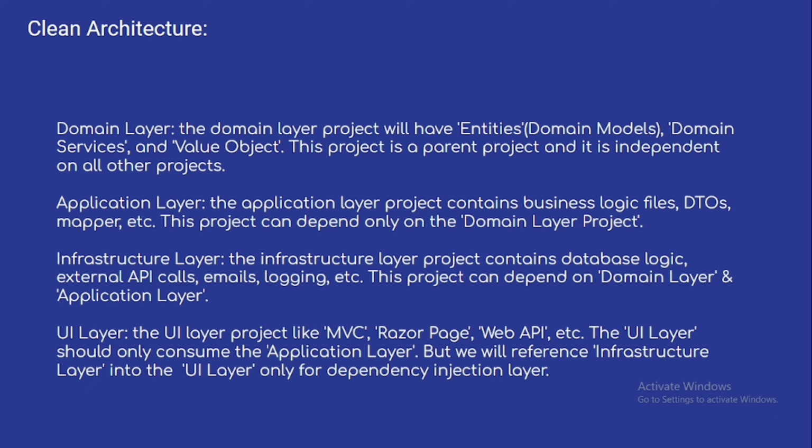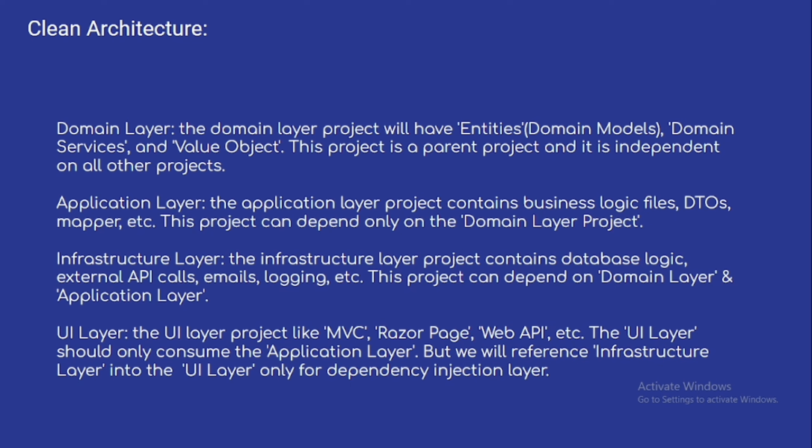And next, the final UI layer. A UI layer project means MVC, Razor page, Web API. All these projects, where users get a response, come under the UI layer. This UI layer only consumes the code inside of the application layer. That means it technically depends only on the application layer.